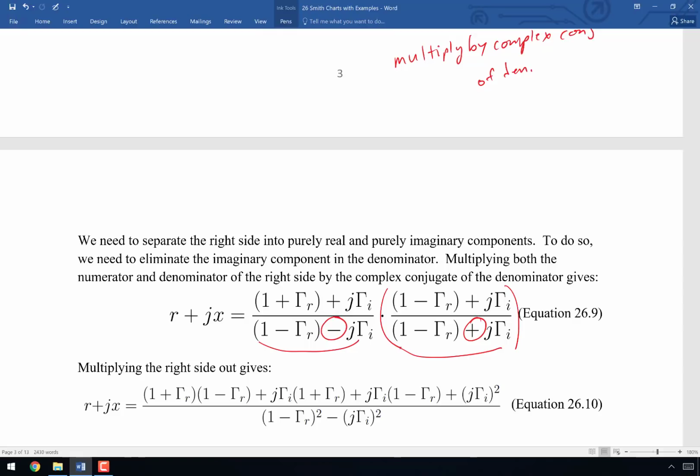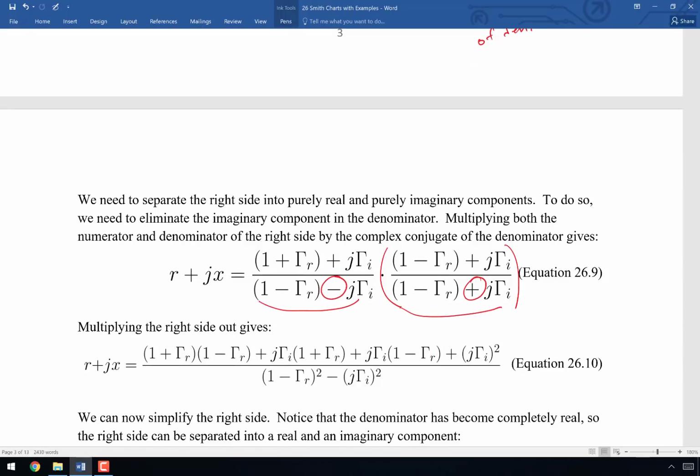Now we've got a lot of things to multiply out, so I'm going to do a FOIL calculation here. This will be the first, this is the outer, this is the inner, and this is the last. In the denominator though, we have the difference between two perfect squares, so when we multiply those out, we just get the first term squared minus the second term squared.